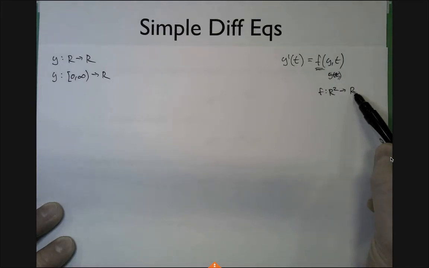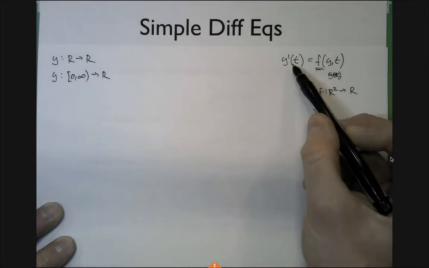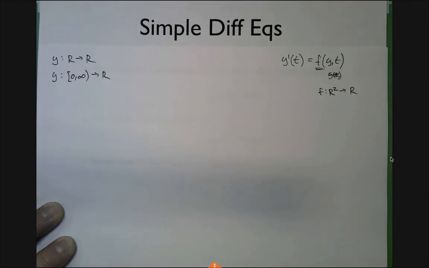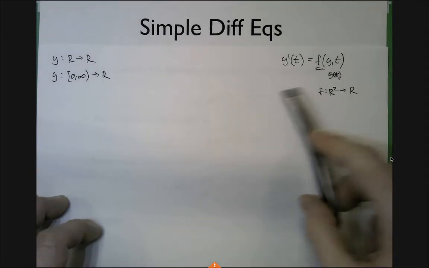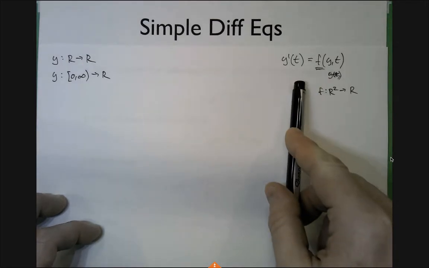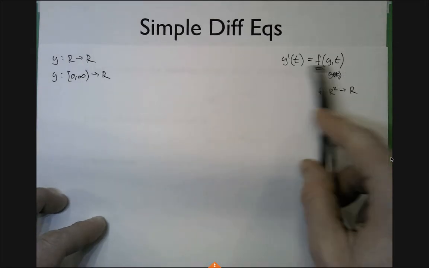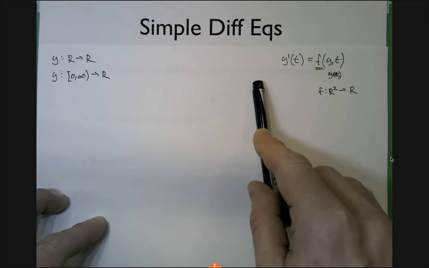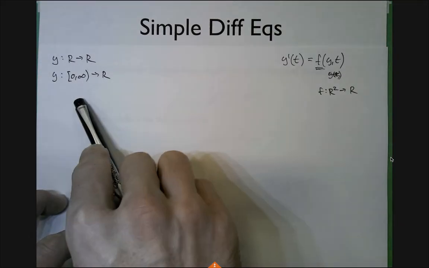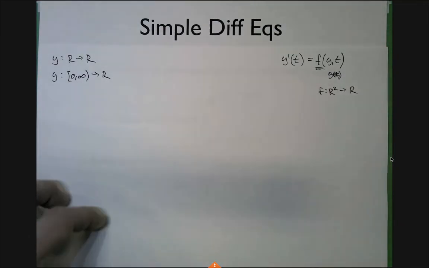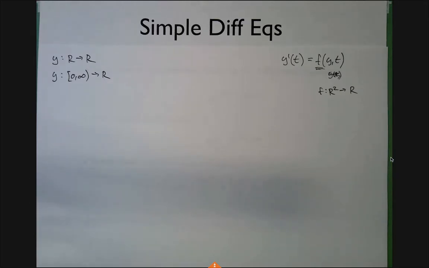It gives you a number, and the number needs to be the derivative of the function at the point t. You can look at it purely as a mathematical intellectual exercise. You have a constraint, an equality for a function, and you have to find the function. You can stop right there and reason about it, right?